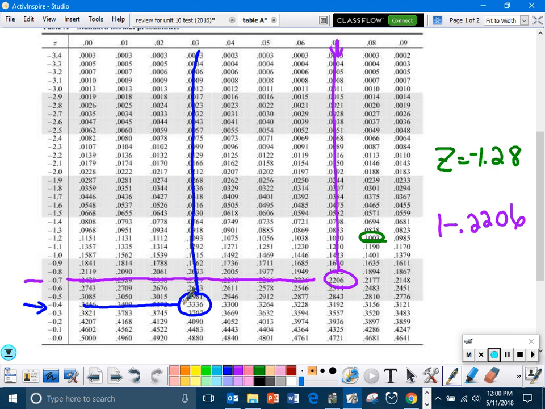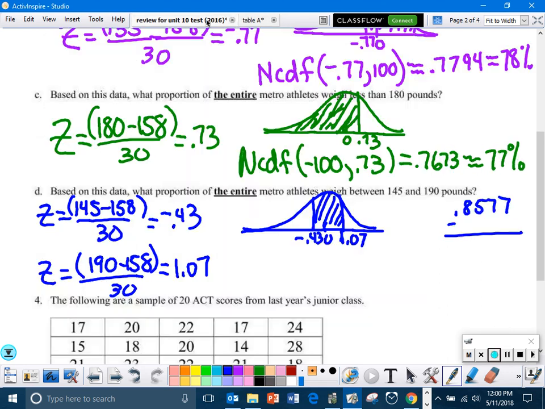That's 0.3336. I'm going to subtract that. Okay, and we should get 0.5241.